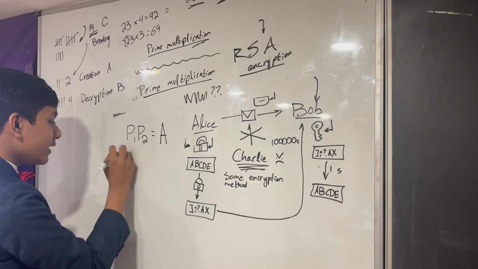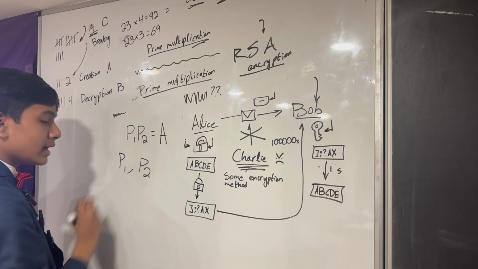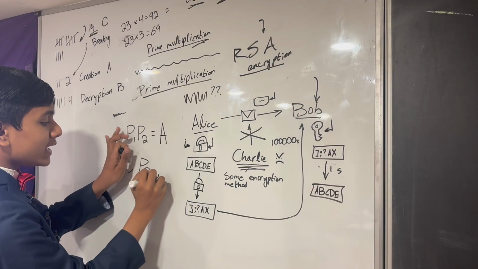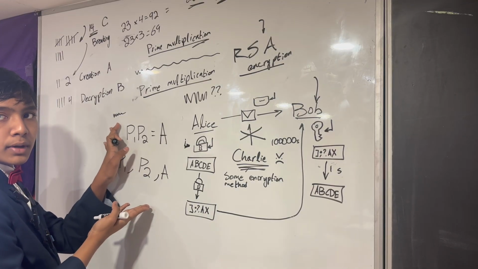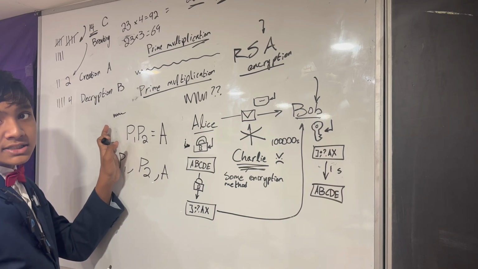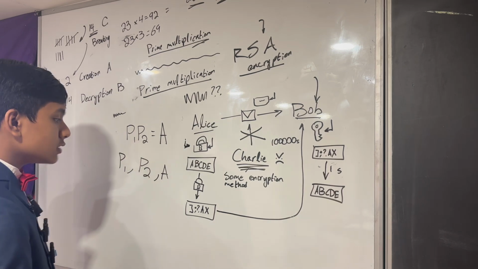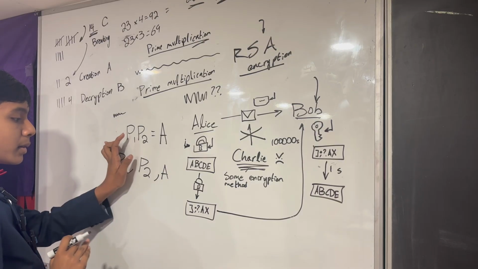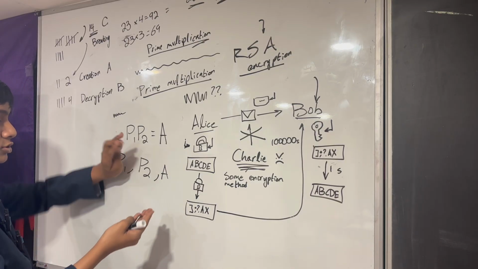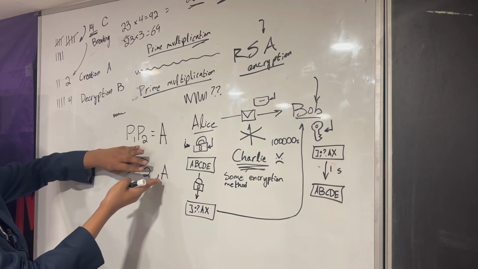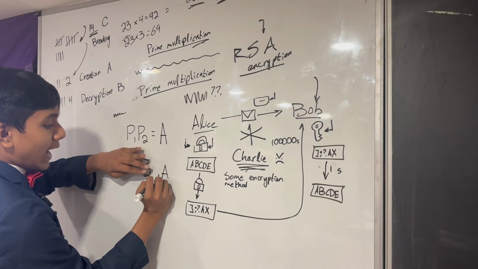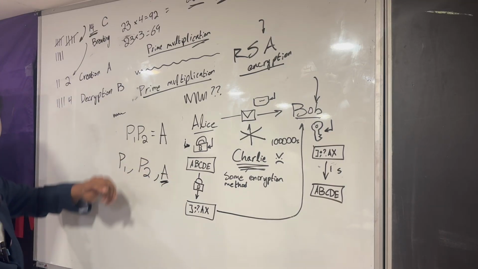But if I give you P1 and P2 and I ask you to multiply them, or if I give you P2 and A and I ask you to divide one by the other, you're going to have a much easier time. So Alice gets this, Bob gets this, but Charlie gets this. And that's an issue for Charlie because it takes a hell of a long time to do anything with just this. So that's it.